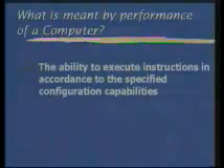The performance of a computer is defined as the ability to execute instructions in accordance with the specified configuration capabilities. What you have to understand is that a computer system's performance is recognized in completeness. It is not recognized as component-wise performance.